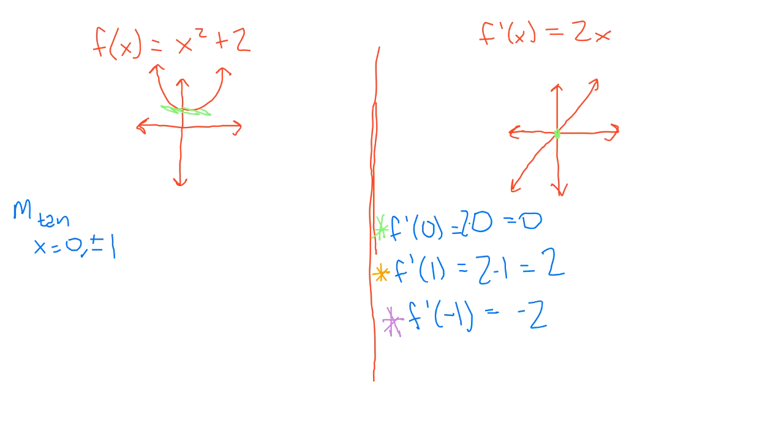Now let's look at our point at x equals 1. We can see right here that it has a little positive slope. It's going up a little bit. It's not super steep, not super shallow. That fits pretty well with our f prime of 1 equaling 2.